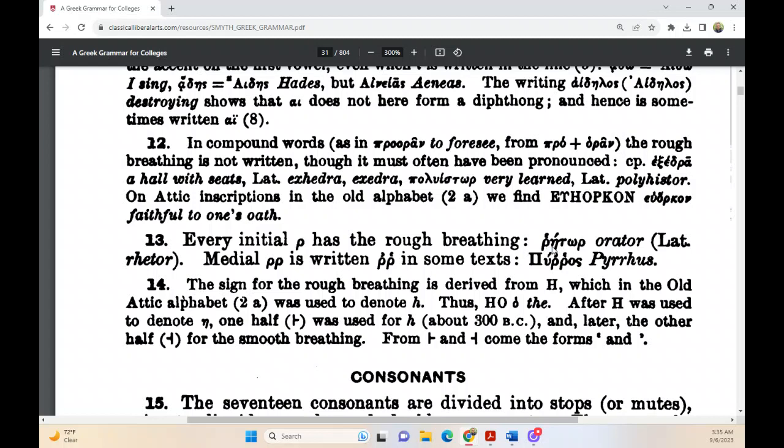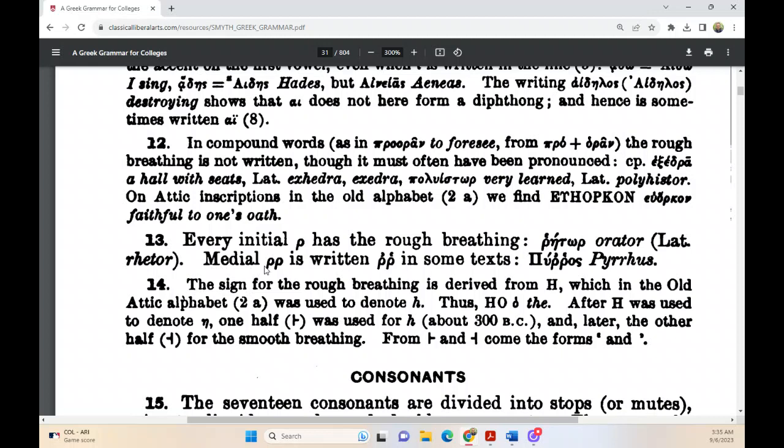Rhetor is where we get the word rhetoric from. Notice the R and the H. Actually, though, the H is pronounced before the R in Greek words. In English, we don't do that. We just say rhetoric. But in Greek, that would be hrhetor. We see the rough breathing over the initial rho. Every initial rho has rough breathing.